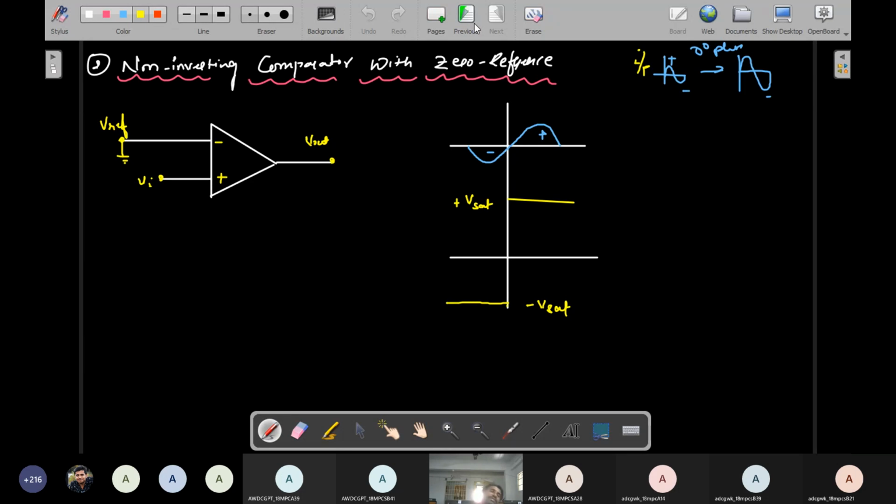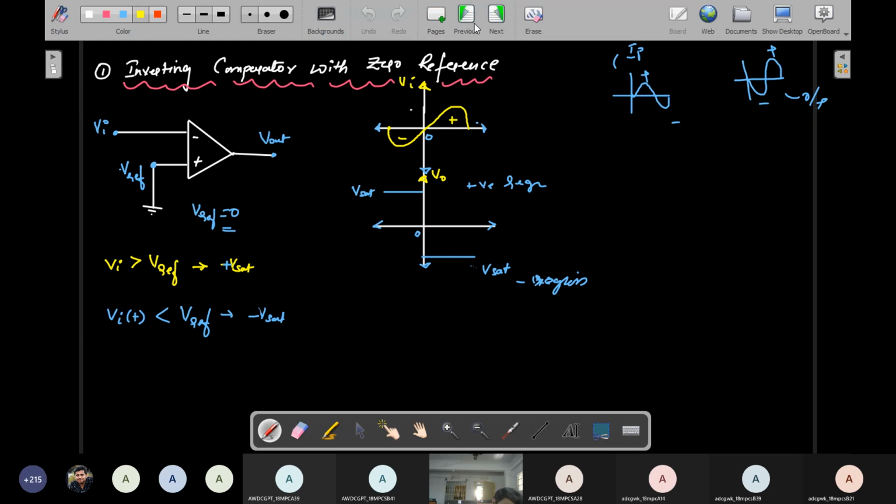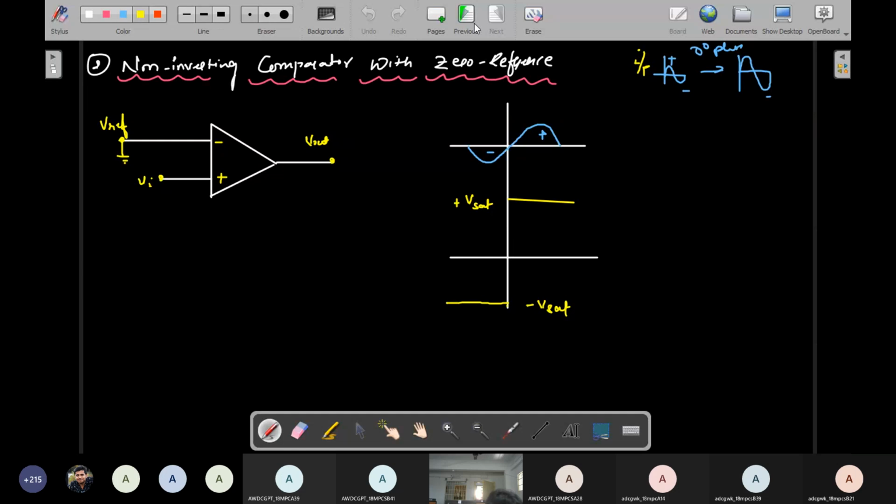Please note, everybody, I'll move to the next case, the third case. That case is the inverting comparator with non-zero reference. So I'll move to the next page.